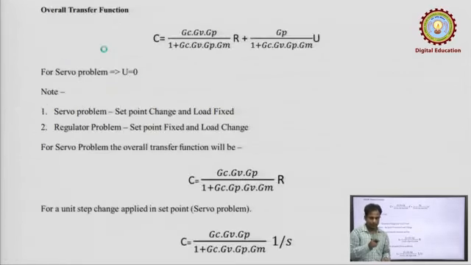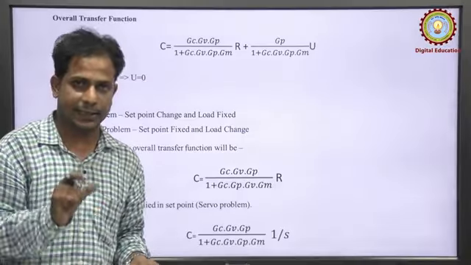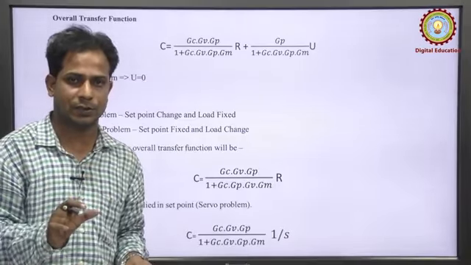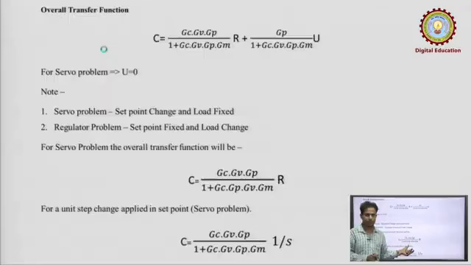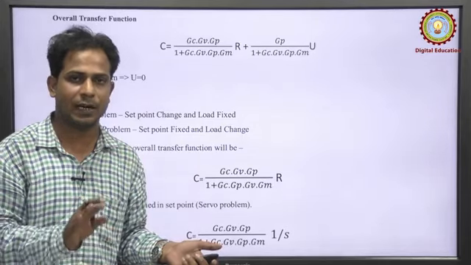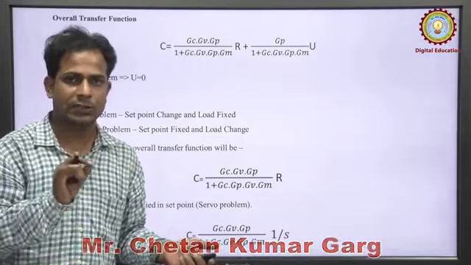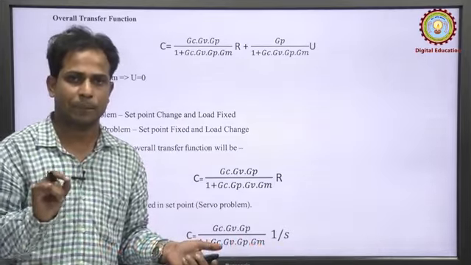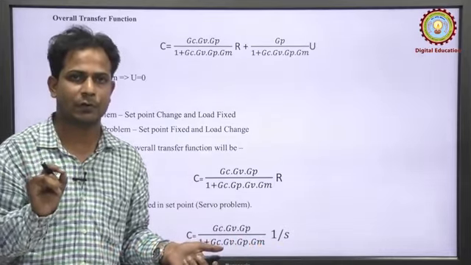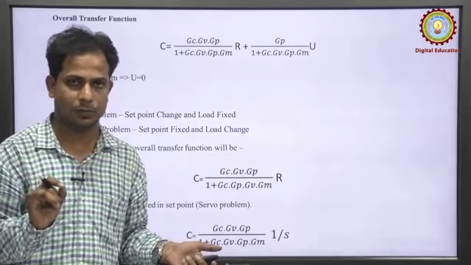So I am taking the overall transfer function for that block diagram. For a feedback control system, the overall transfer function G overall is equal to Pi forward upon 1 plus Pi loop.